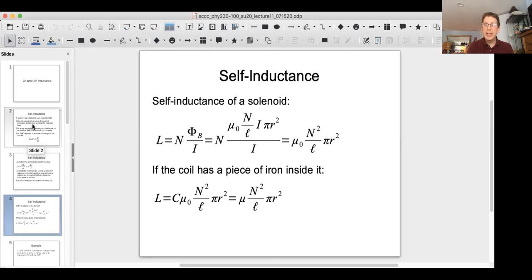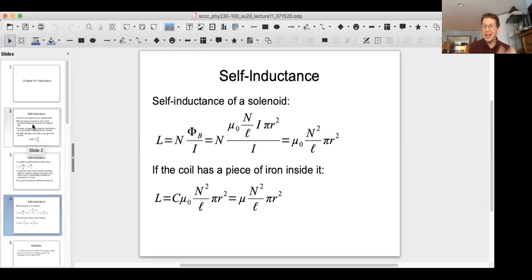Now, if the coil has a piece of iron inside it, so this gets back to what we've been talking about in a few places, when you put iron inside the solenoid, the rotating electrons with the dipole moments will line up with the magnetic field if you're putting a current through the wire. And so that greatly magnifies the magnetic field. That also greatly magnifies the inductance.